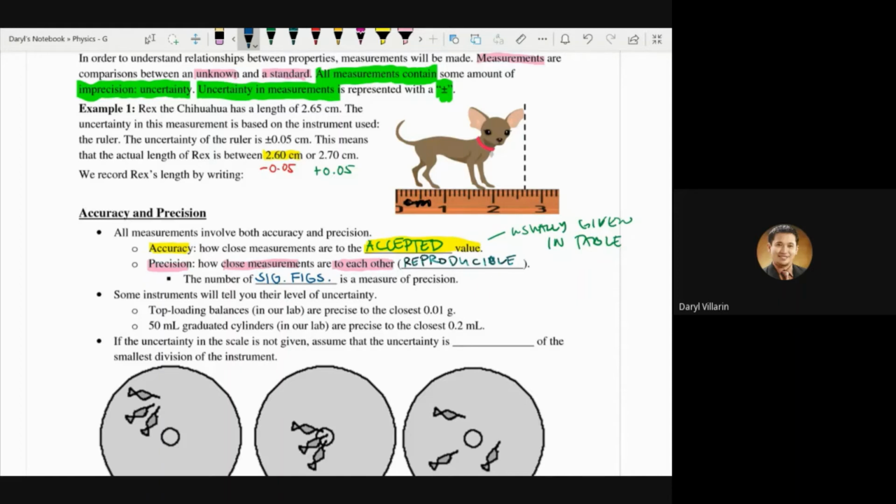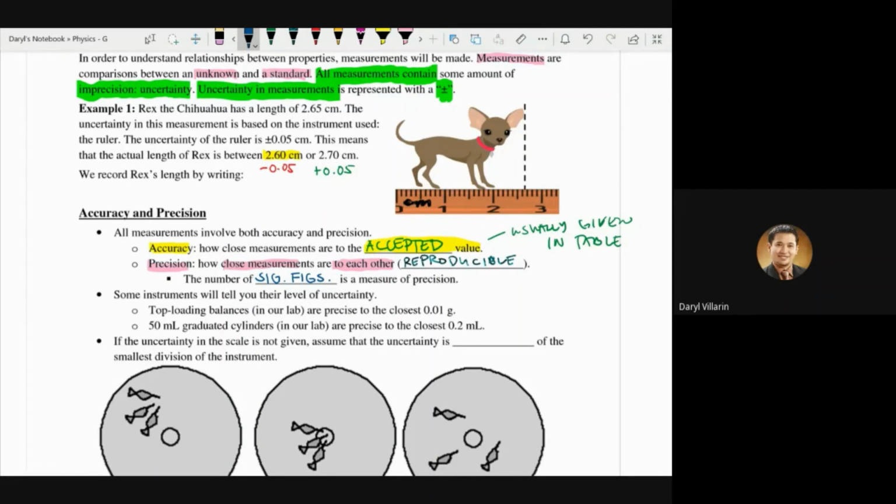However, I'm not yet sure if that's accurate, because let's say, for example, I use a particular instrument or thermometer which has a high degree of accuracy, or at least I set that one as my standard, and your temperature is 38 degrees Celsius.